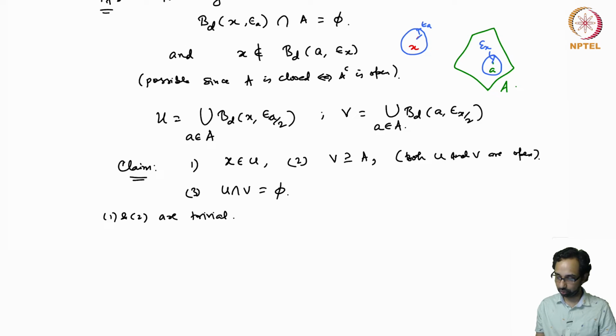However, to show 3, we suppose that we have a point y in the intersection.